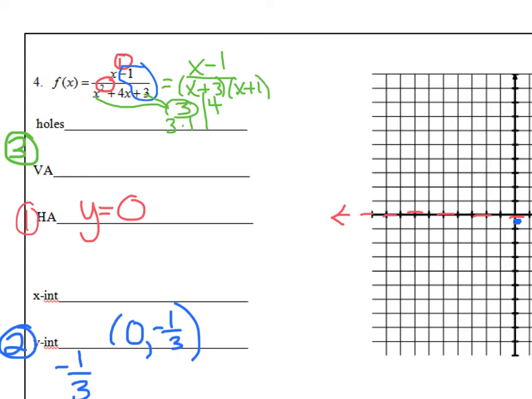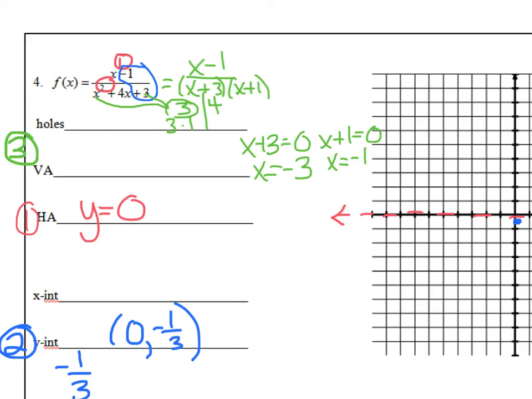Well, to find our holes and VAs, remember we look at the denominator, and we set each factor equal to 0. So x plus 3 equals 0, x plus 1 equals 0. Well, if it's a +3, that means it's going to be a value of -3. +1 will be a value of -1. Well, I look in my fraction. Did anything cancel out?